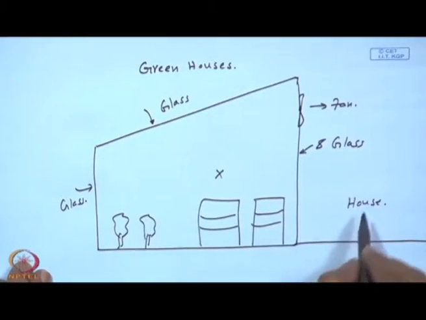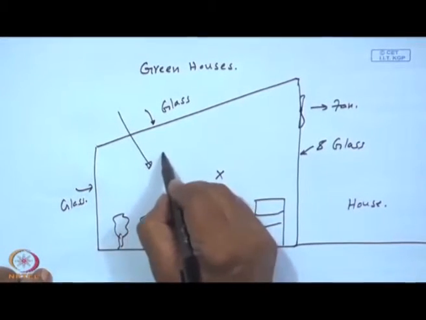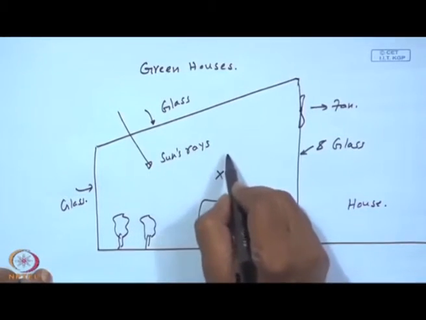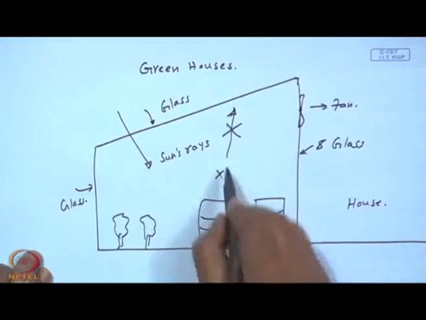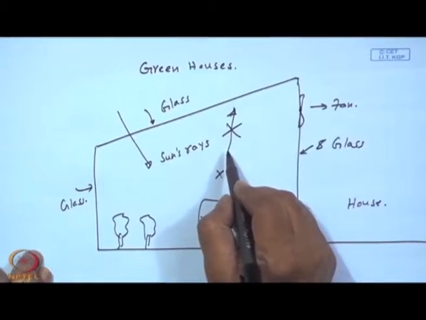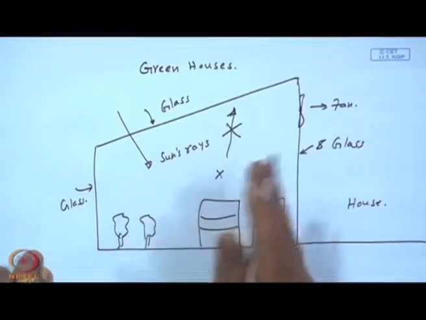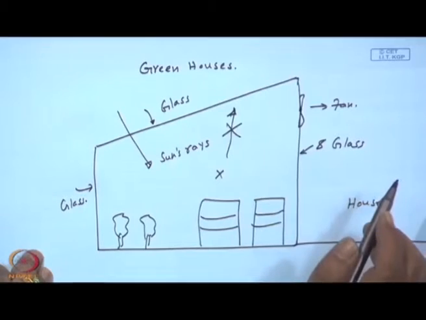Okay. Now, if you have a situation like this, the solar radiation entering, sun's rays cannot go back, because this will be emitted at a longer wavelength compared to the radiation at which it is entering, 0 to 4 microns, typically the solar radiation, right.